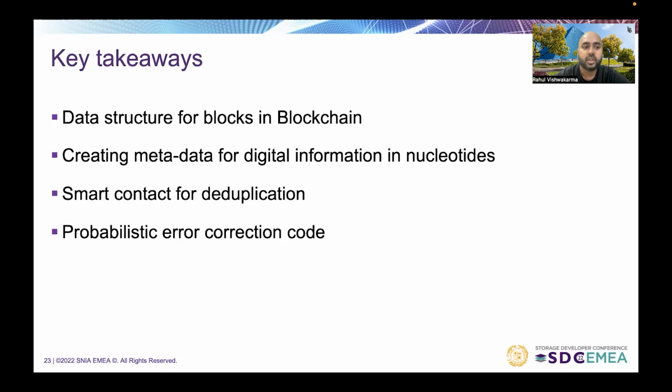For that, we need to design a data structure which can be stored in blocks in a blockchain. And finally, for reliability, security and decentralization, we will be storing the metadata of the encoded information in a blockchain. In the process of doing that, we will also design a smart contract for deduplication.